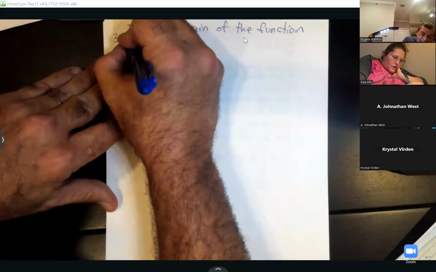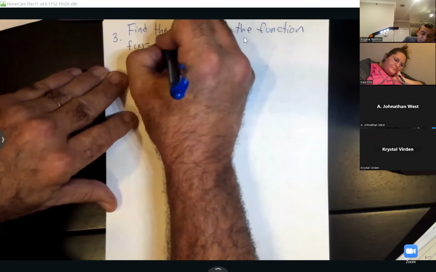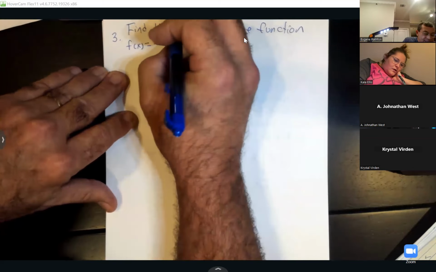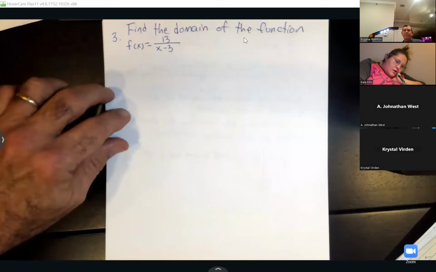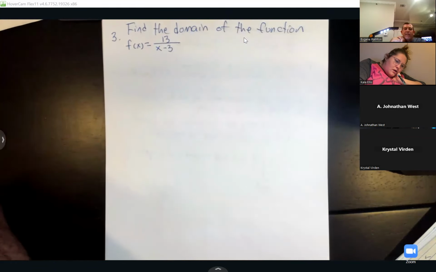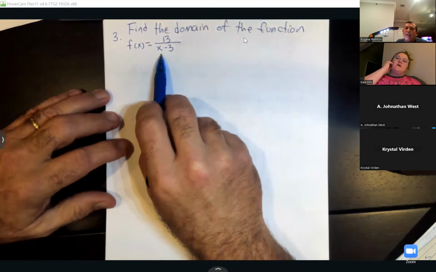So for 3, y'all, they've got f of x equals 13 divided by x minus 3. We actually have to do work on this one because I've got a fraction, and I've got a variable sitting in that denominator.